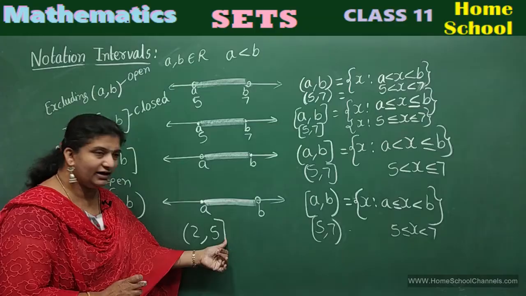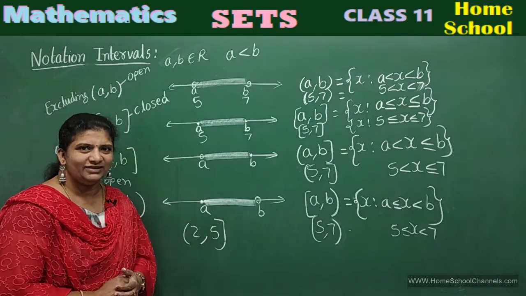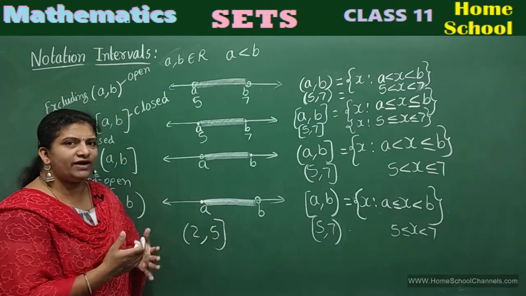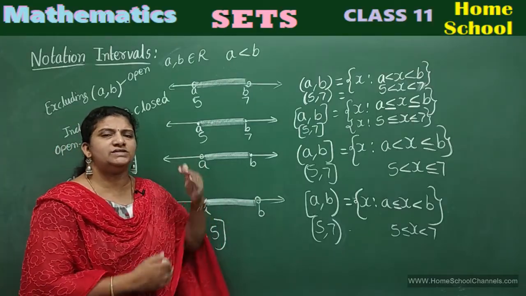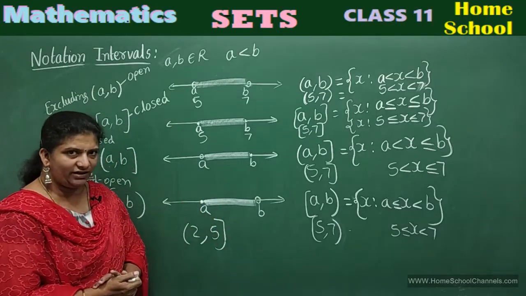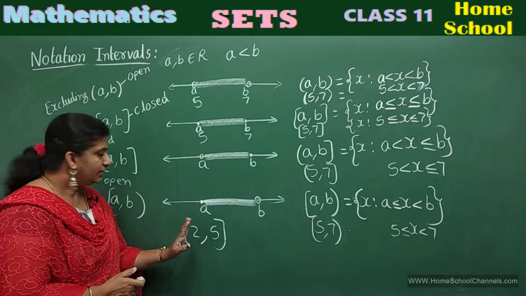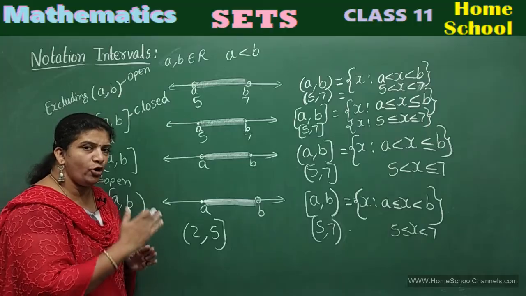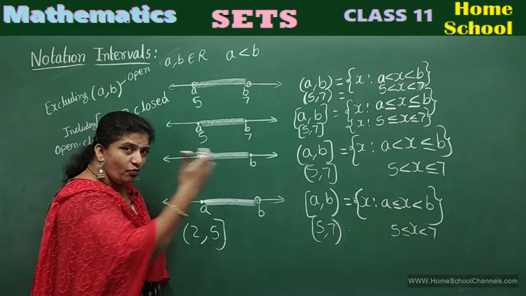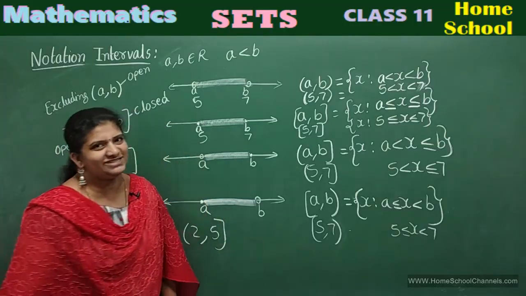Excluded, and here it is included. Okay, if I talk about real numbers, there are many real numbers between 2 and 5. But this bracket indicates 2 won't be there. So 2.00001 to 5 you need to say.